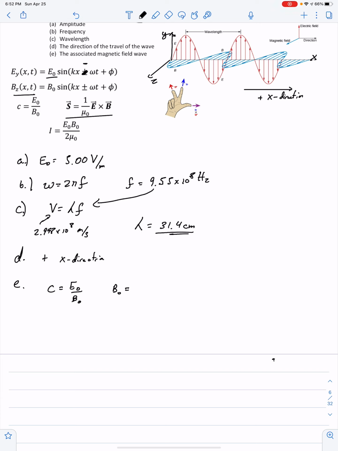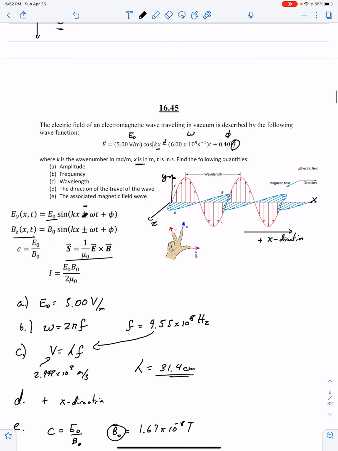And the peak magnetic field is 1.67 times 10 to the negative 8 Tesla. And we can substitute that value into the rest of this equation and be done with it.